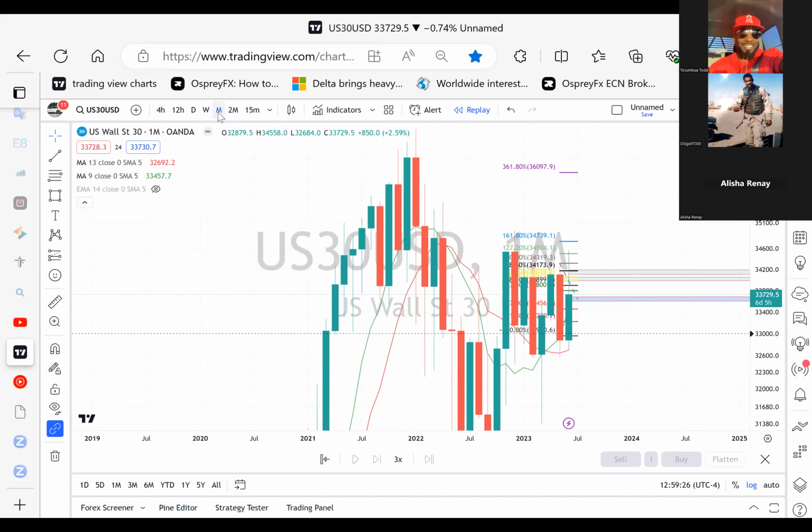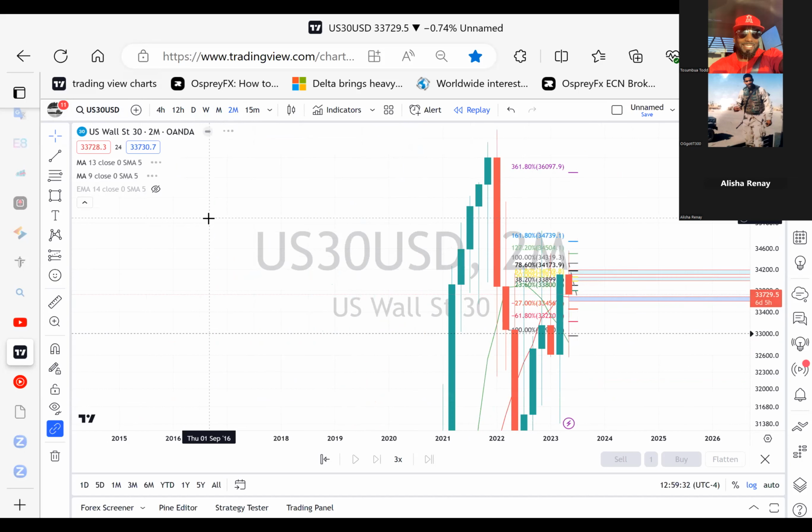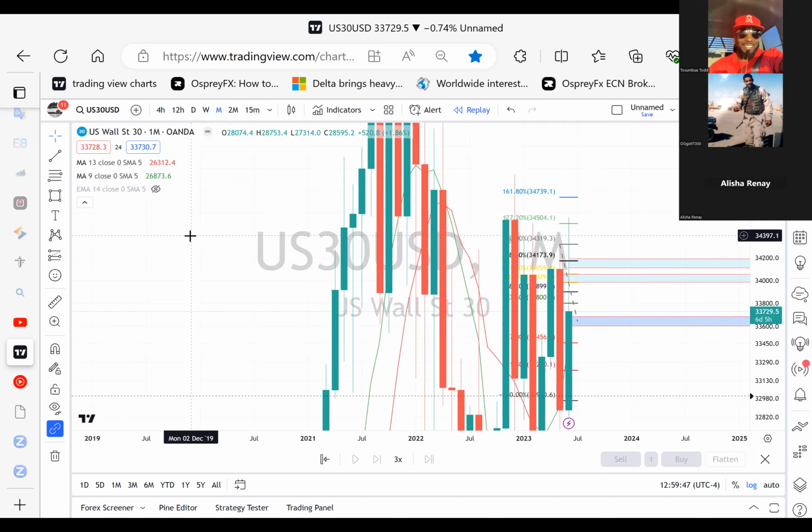If you go to the 2 month, here's. You needed the pip core. You got the pip core now. You're about to get dialed in. See, price rejected from that bullish order block. I've got 6 days left of this 2 month. Can you go on to the 3 months, please?